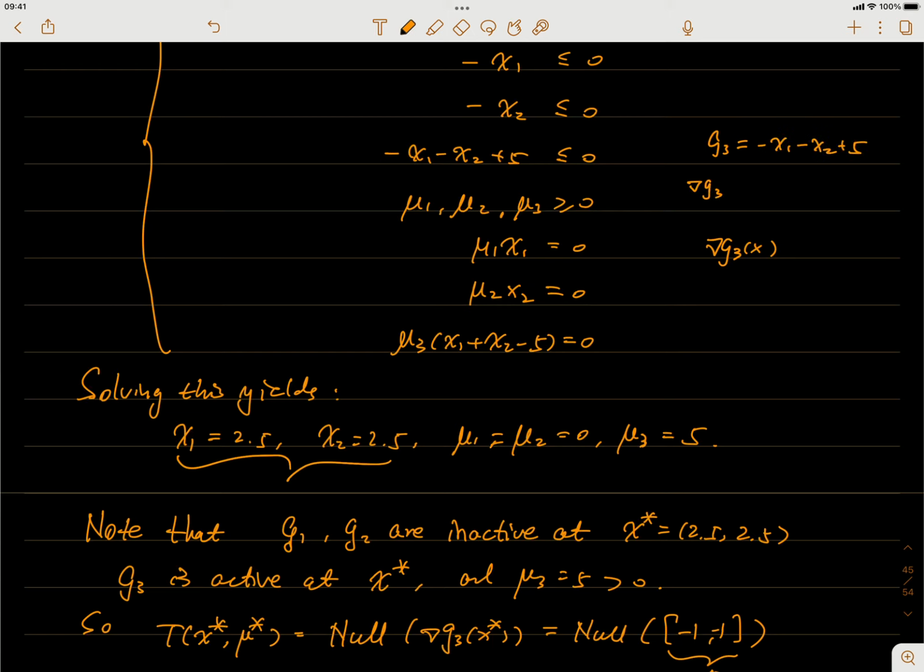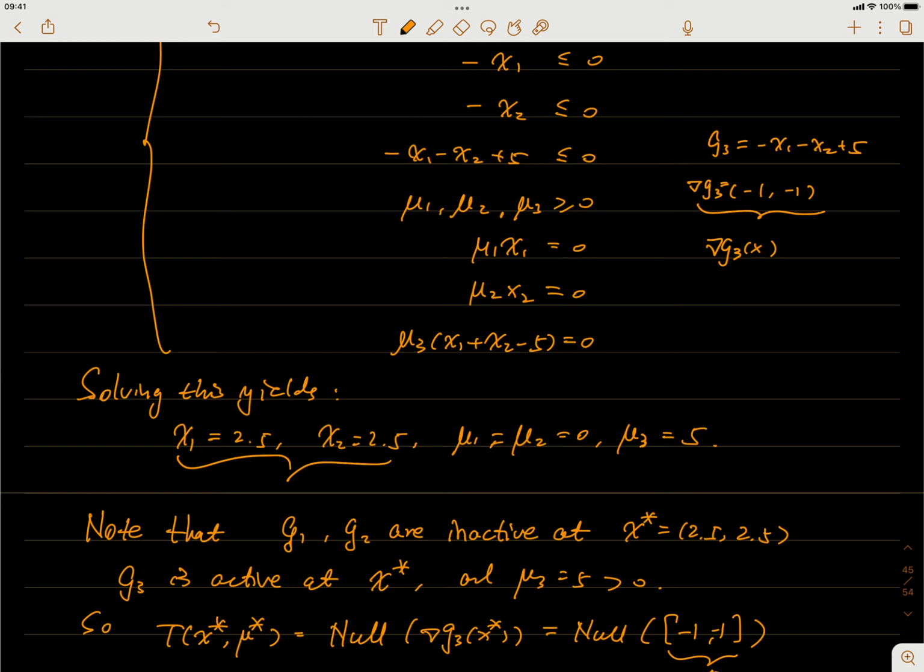The gradient of G3 is just negative 1, right? That is the matrix. That is the Jacobian matrix. It's essentially a vector because we want to have G3 as a scalar value function. So that's why this is a full rank matrix.